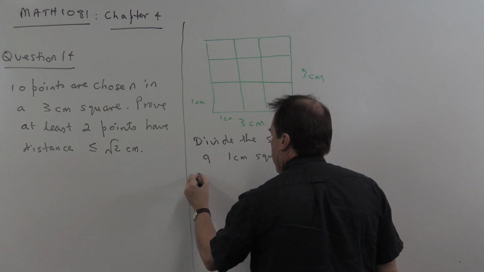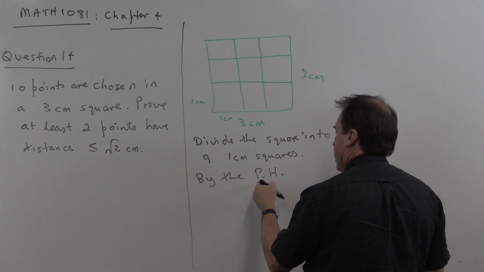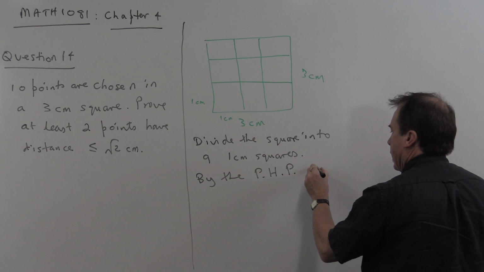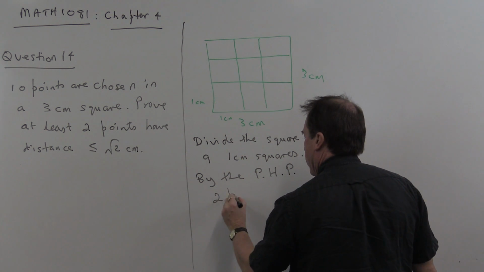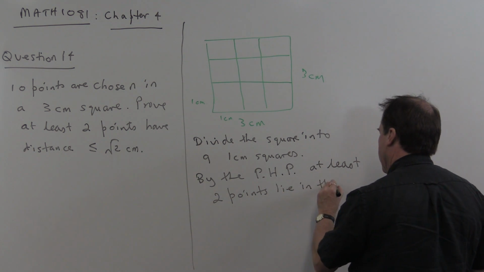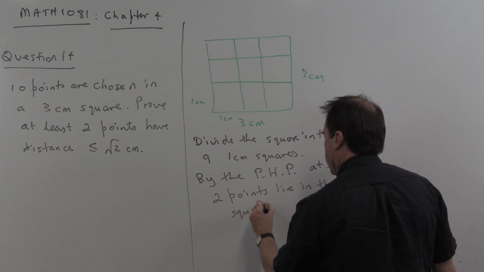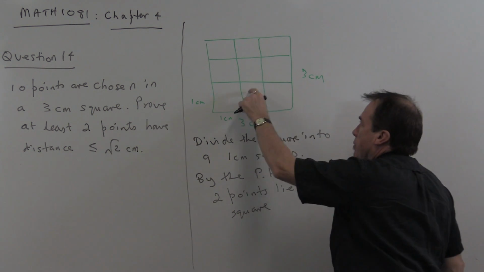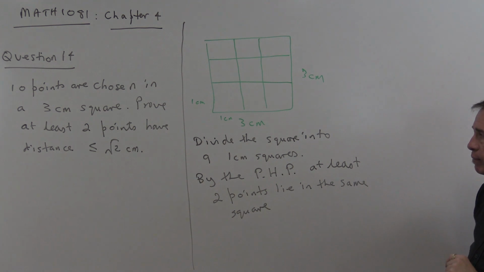So by the pigeonhole principle, which we often just abbreviate to PHP, at least 2 points lie in the same square. So if I toss my 10 darts at this dartboard, at least 2 of them are going to have to lie in, or possibly on the edge of, the same square, doesn't matter.